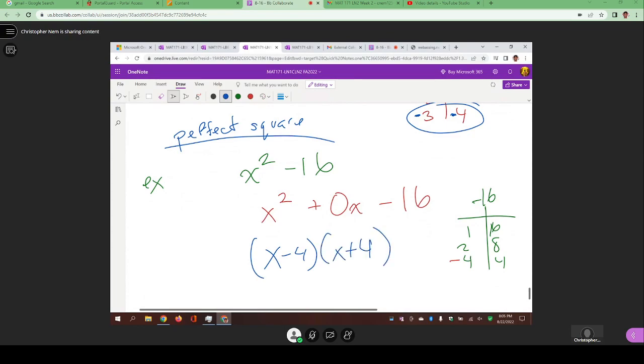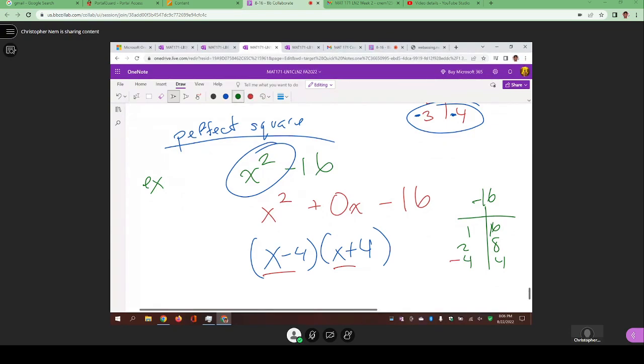Oh, that's interesting. So we're able to deal with binomials as well. We're able to use this method with just 2 terms sometimes. Notice that, hey, this is x squared. These guys are x. We call this a perfect square because if I square root x squared, I get x.